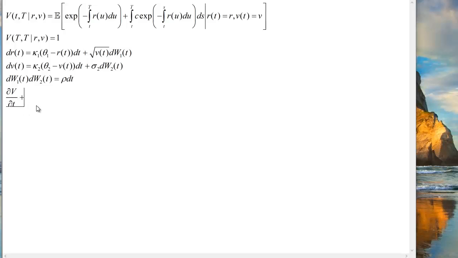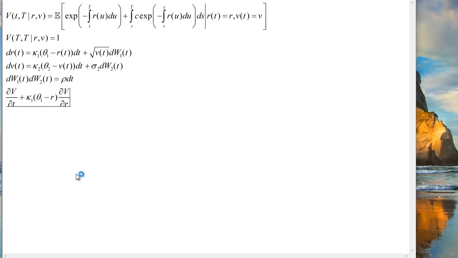partial of V with respect to t plus, and now we collect all the first order partials with respect to R and V. So we have this drift term here times the derivative of V with respect to the short rate.